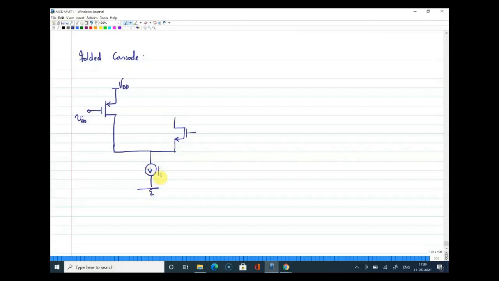In the previous class, what we did is we replaced even this I1 using a transistor. That is what we do in practice.